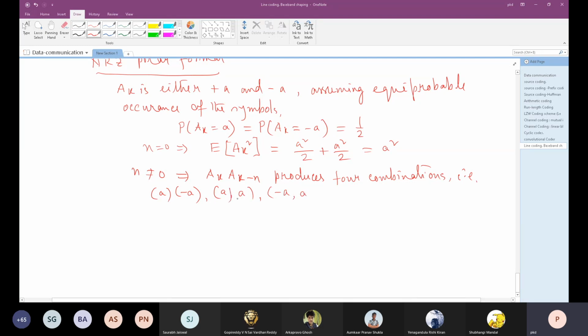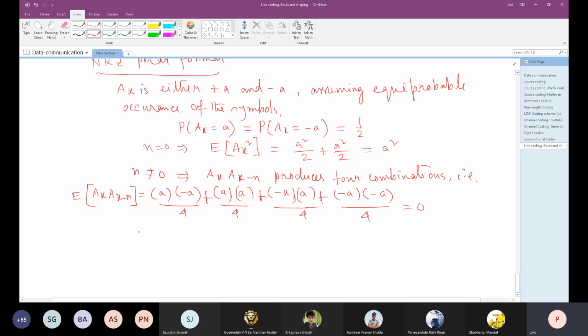Again, if we assume equiprobable, the expectation is plus A square, minus A square, minus A square, plus A square, so this is equal to 0.